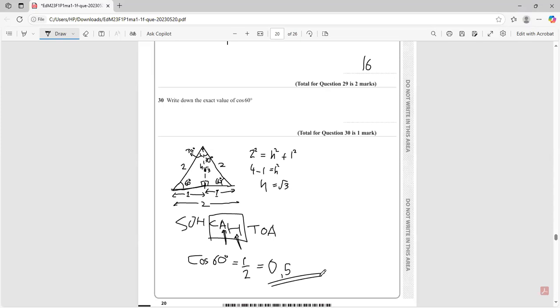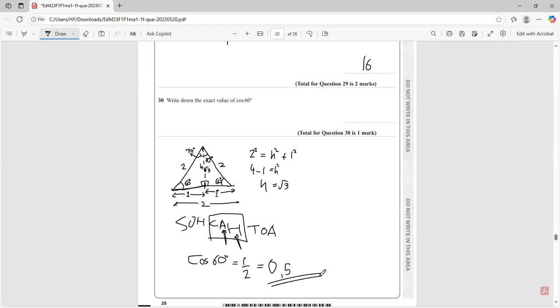Now, why did I show you this method? Just in case you forget it. I don't think anybody will ask you to show what I just showed you now. But in case you forget it, you can quickly whip up this triangle and get your values for cos 60. And guess what?